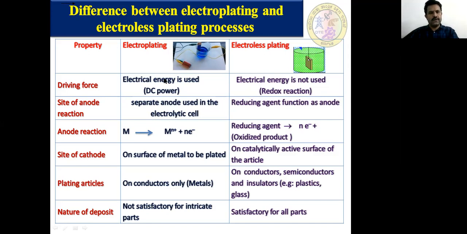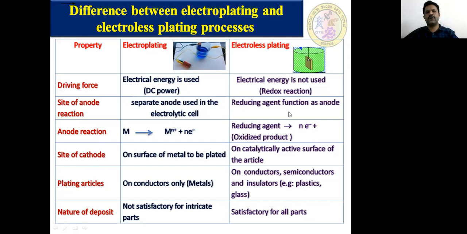And a separate anode is used in the electroplating process. And here in electroless plating, there is no separate anode material, but the reducing agent itself functions like an anode.